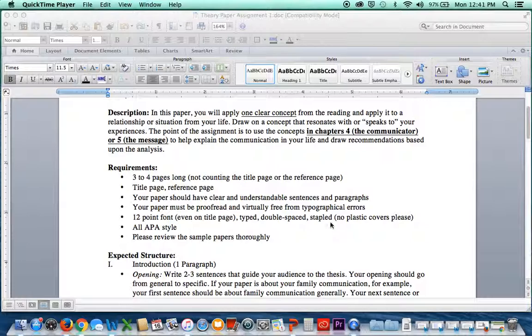Type double-spaced. Actually, this says stapled, but since this is only online, you don't have to obviously staple it. APA style, and there's a sample paper that you can look at for how to cite sources the right way in APA. I think it says papers here, but I'll probably just list one and look at that to get an idea of what I'm asking for.